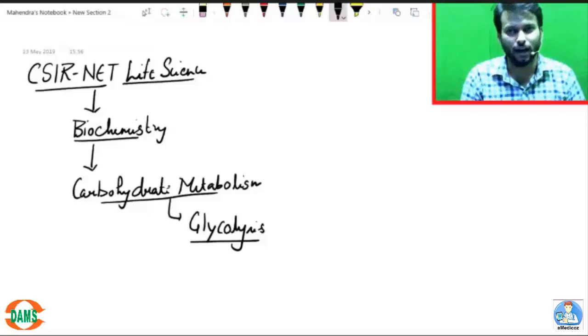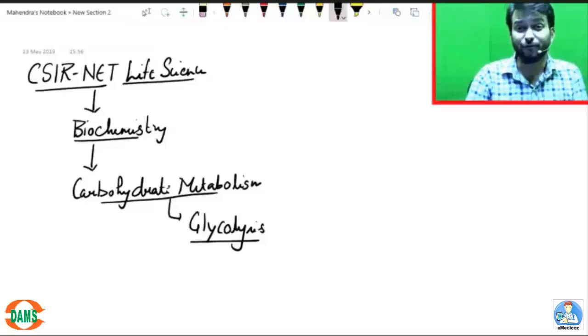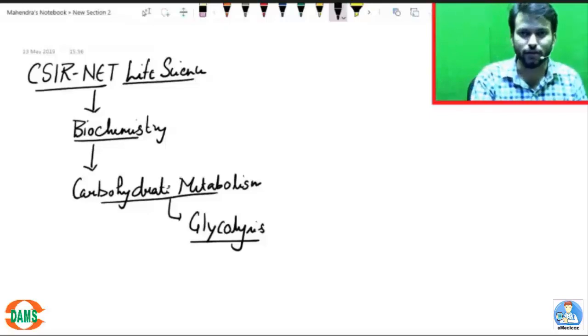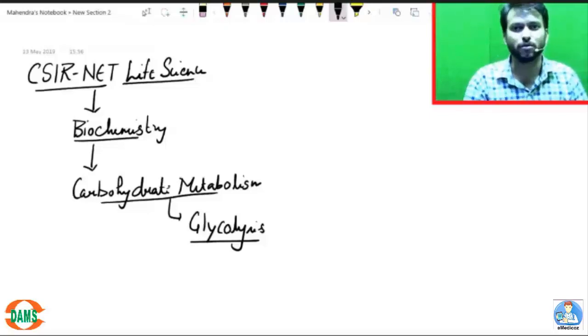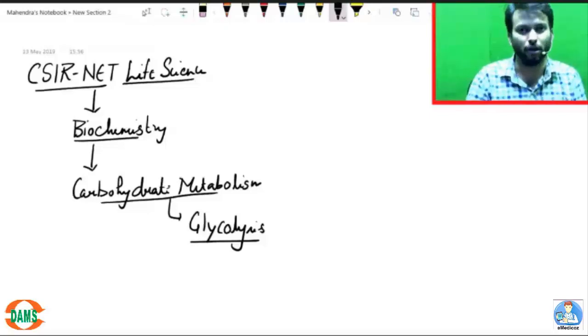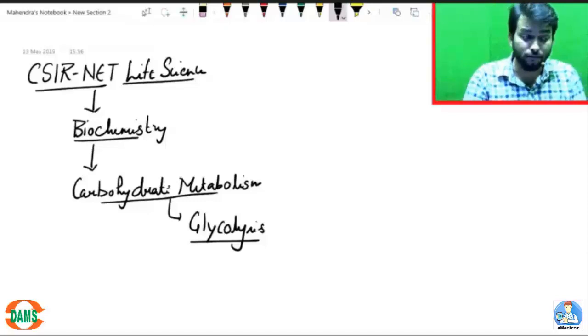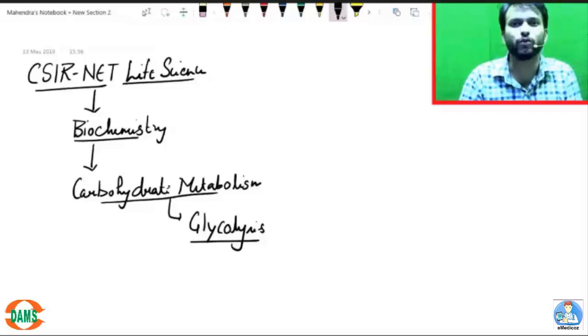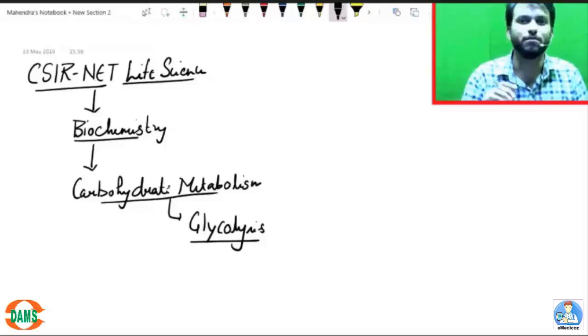It's a little bit left: how different molecules from different pathways enter into glycolysis and allow the process of glucose metabolism, or how different sugars apart from glucose enter into this process and allow its metabolism.